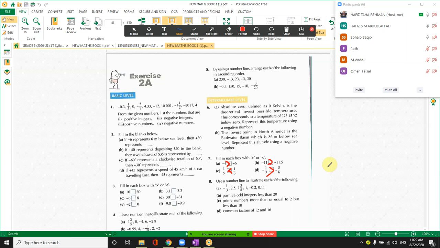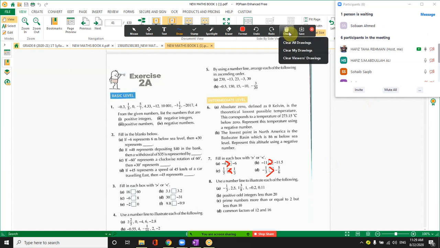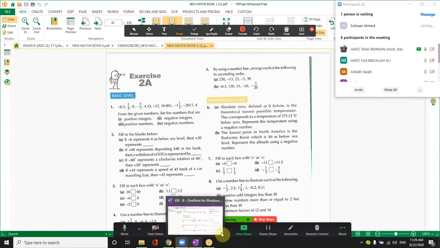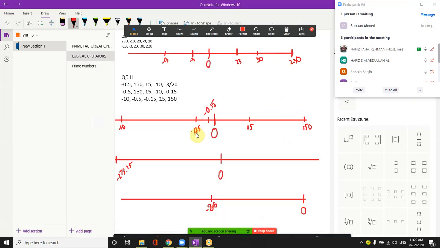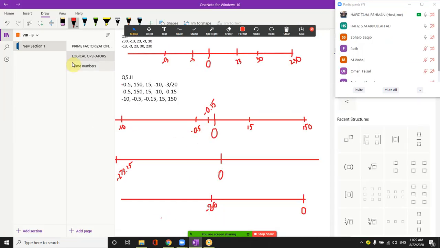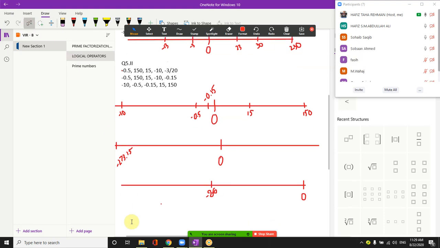Okay? Yes, sir. Abdullah Ali, Suhaib, Saqib, Fasi, Wahaj, Umar Faisal. You are learning a new thing, so kindly focus. Look, how to identify which fraction is smaller or greater.